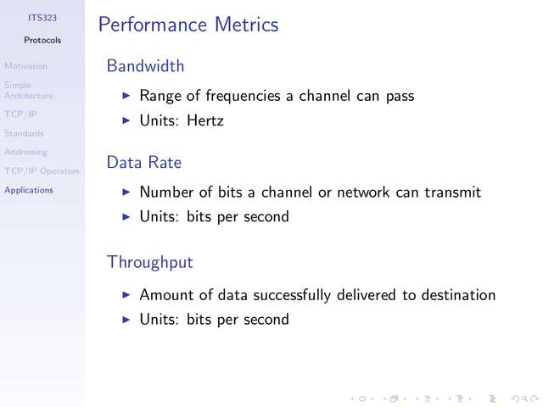There's a difference there. Throughput is always less than or equal to data rate. If we have some overheads, and all protocols have some overheads, throughput will be less than the data rate. Sometimes we know the data rate, but it may be hard to determine what the throughput is. If we can work out the throughput, then that's even better.